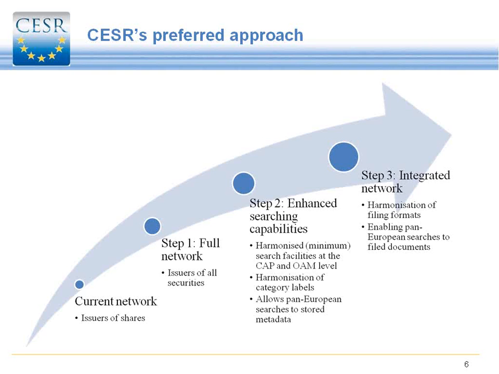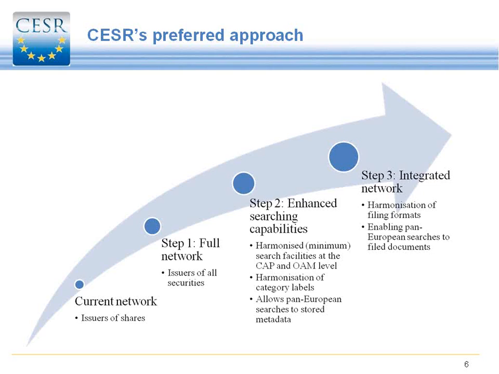What we proposed in our consultation paper was to gradually develop the central access point and functionalities of the network, so that the investors would ultimately really have pan-European access from a single point to all information that is stored, or all information that is published by issuers.